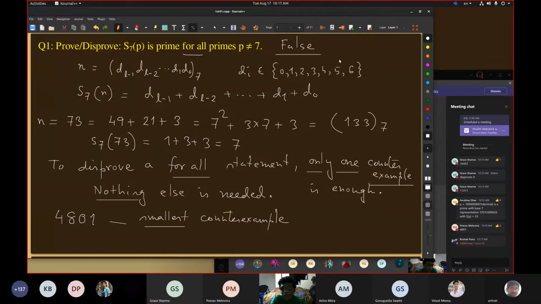Maybe I will give you a brief insight into why counterexamples seem not to be abundant in the domain of small primes. So let us write this P as D(L-1) times 7 to the power L-1, plus D(L-2) times 7 to the power L-2, and so on.